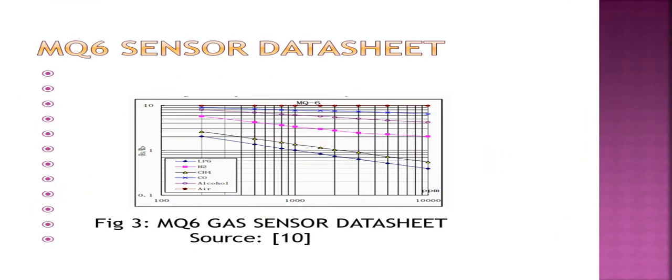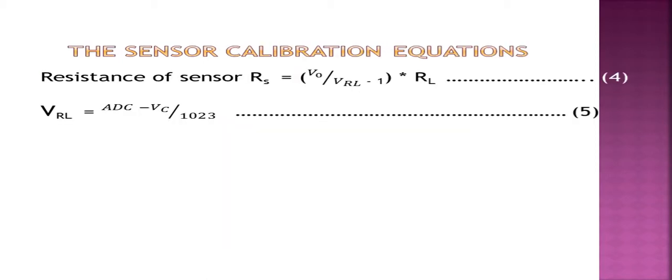The MQ6 sensor datasheet. The datasheet is provided by the manufacturers, and is used basically for the determination of the sensitivity of the sensor and also for its calibration. The sensor calibration is effected using equation 4.